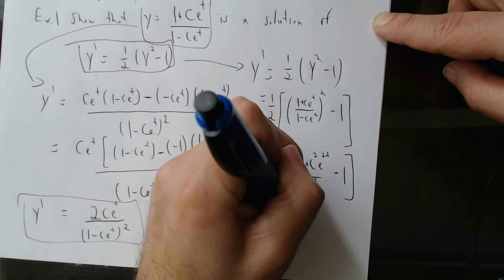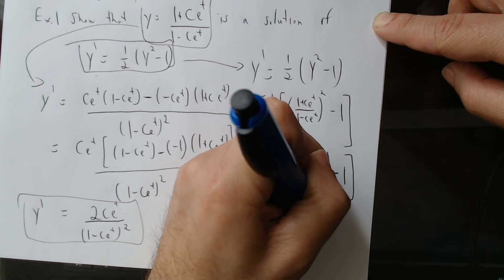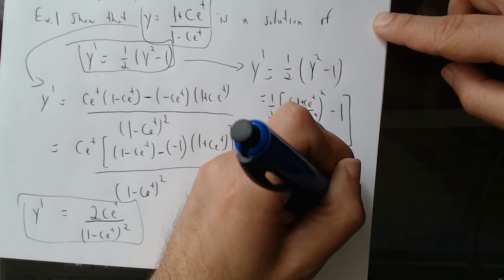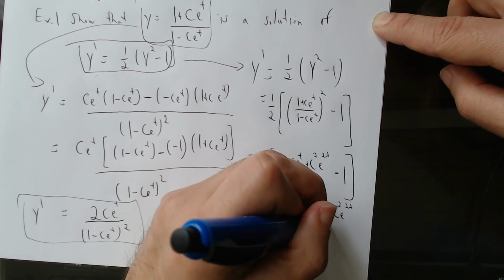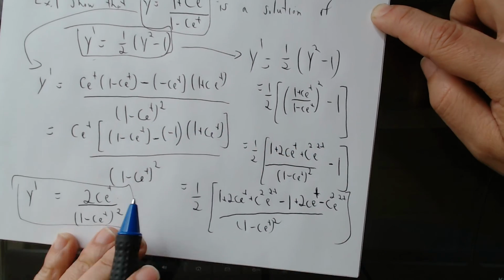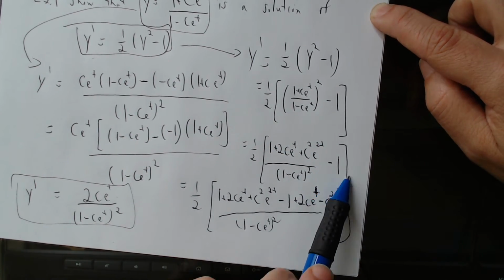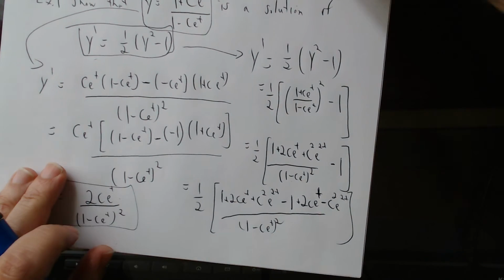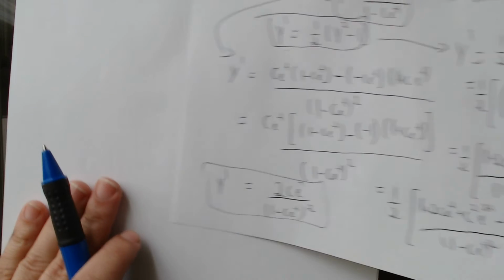That's going to be minus 1 plus 2ce to the t minus c squared e to the 2t all over 1 minus ce to the t quantity squared. So if you're wondering how I made the jump from here to here, I just got a common denominator and multiplied the top out. So now I'm going to move on to the next page.